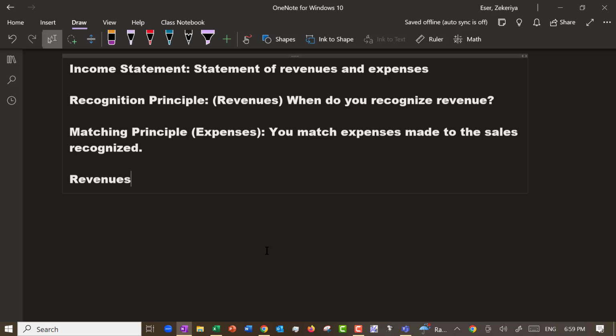You have revenues. You have cost of revenue, sometimes called cost of goods sold, okay? And the difference is gross profit. Gross margin is something else.